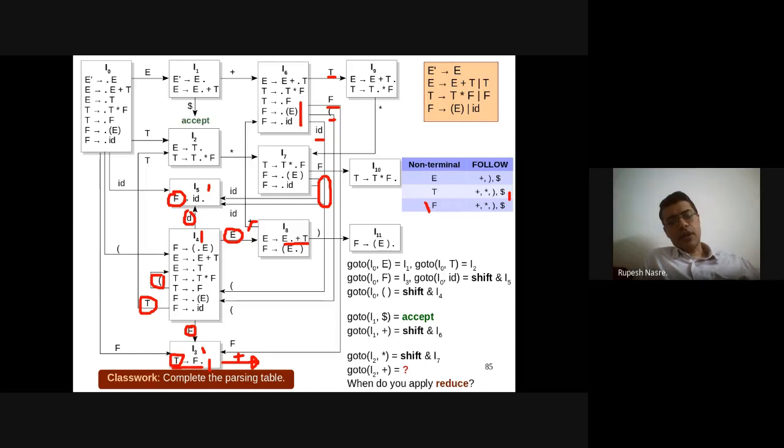Then according to follow of t containing plus we need to have a reduce, and because there is a transition on plus there should be a shift, and at that time there will be a shift reduce conflict. Right? All right, good.